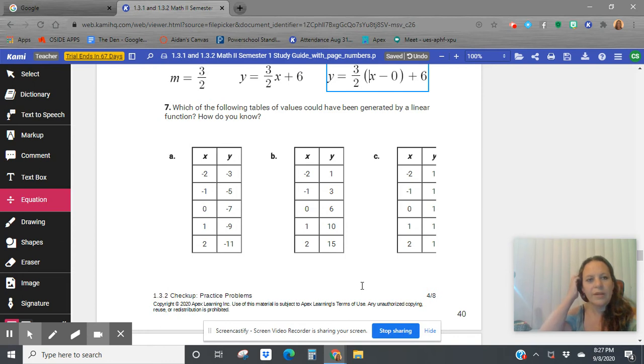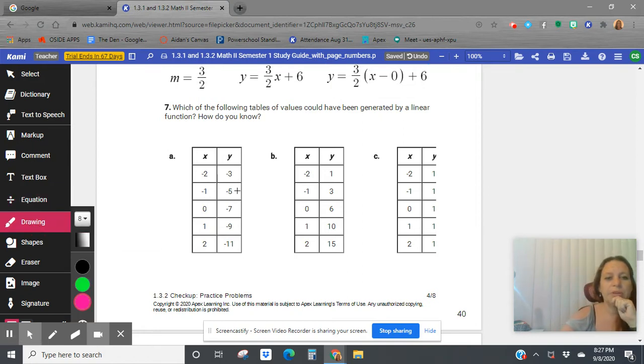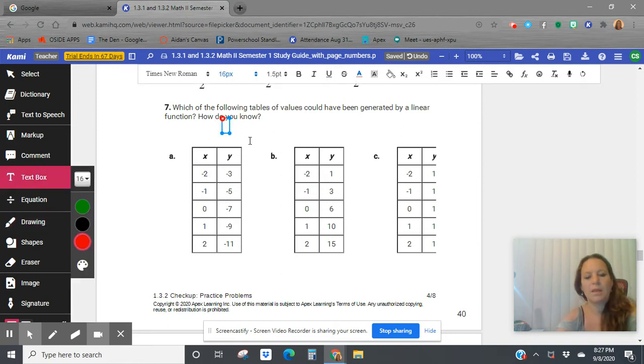All right, on this one, which of the following tables of values could be generated by a linear function, and how do you know? So on this one, I'm looking to see if it has a constant rate. Do these tables have a constant rate of change?